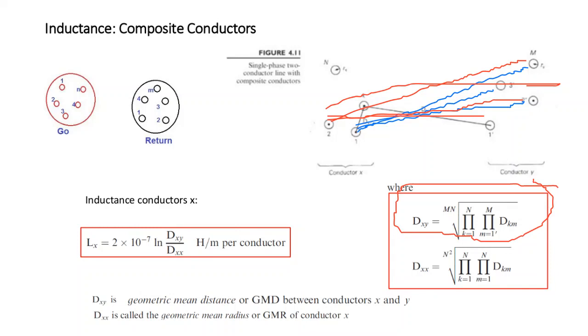All right, and that's why we put dxy. So dxy is not just between one point to another point. It is the geometric mean distance for each.